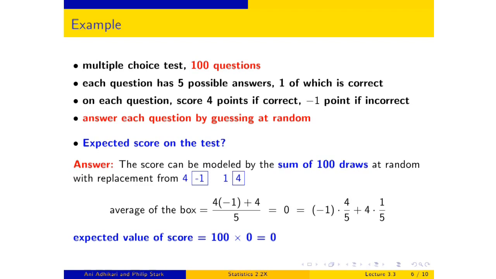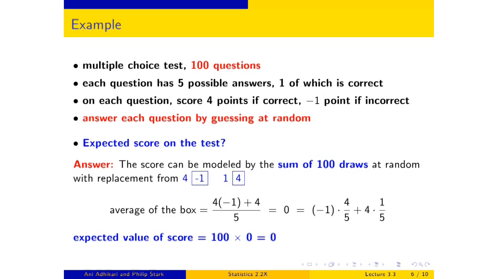What's the most you can score? The most you can score is if you get all 100 questions correct, and that is 400 points. And the least you can score is if you get all 100 questions wrong, and that's minus 100 points.